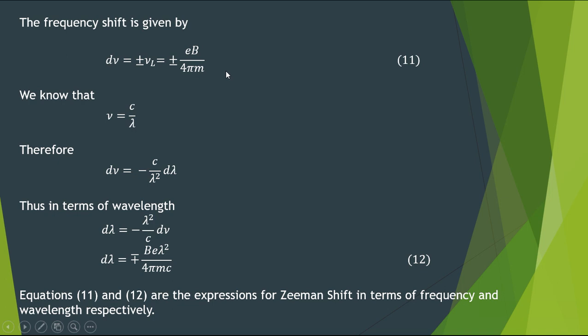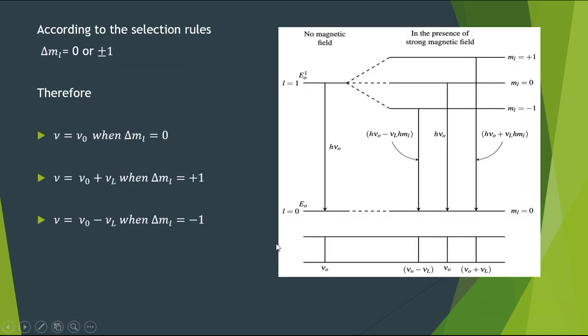That is, if you increase the strength of the magnetic field, d nu or d lambda, both will increase. This is because as the strength of the magnetic field increases, the splitting of the energy level will be more. This I can explain using the previous diagram.